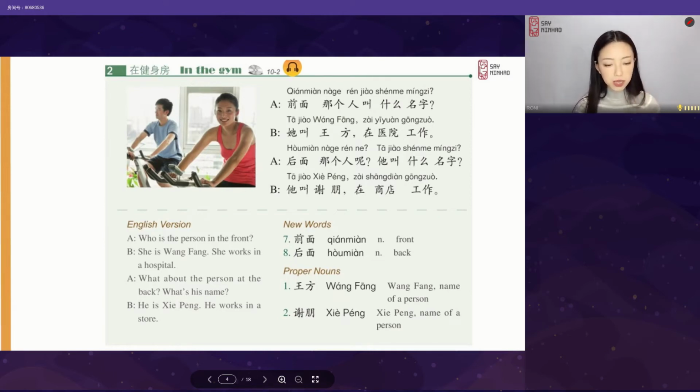I will be A and you will be B. 前面那个人叫什么名字？后面那个人呢？他叫什么名字？Okay, let's switch the rows. 3, 2, 1. 他叫王芳，在医院工作。他叫谢鹏，在商店工作。Okay, very good. Now let's move on to text 3.